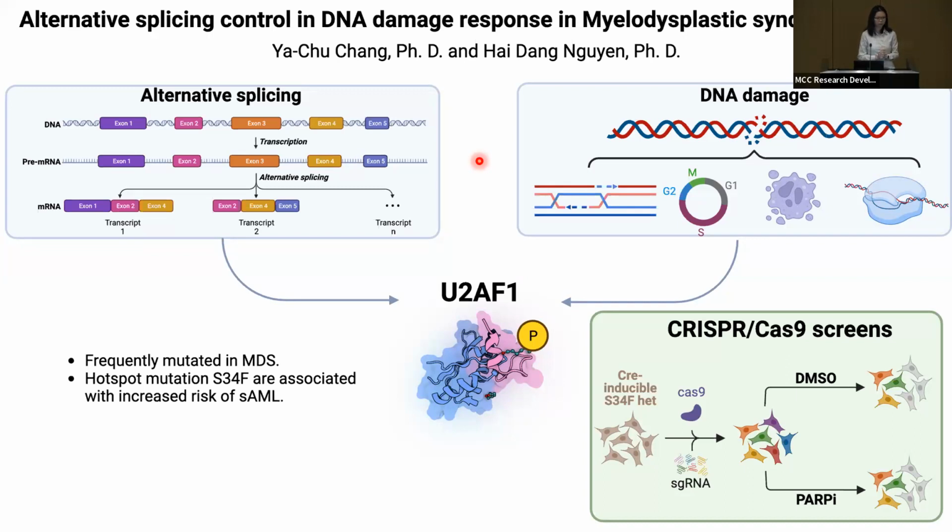We have engineered cells to conditionally express S34F mutations, and then we want to identify the genetic vulnerabilities in these mutant cells. Additionally, our lab has shown that S34F mutants are hypersensitive to PARP inhibitors. Therefore, we are interested in whether we can combine PARP inhibitors with other inhibitors that target DNA damage response pathways. We are hoping that finishing this project will provide insight into how we can better treat MDS patients with U2AF1 mutations. Thank you.